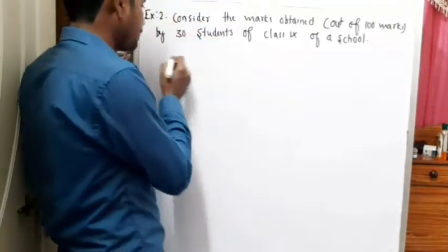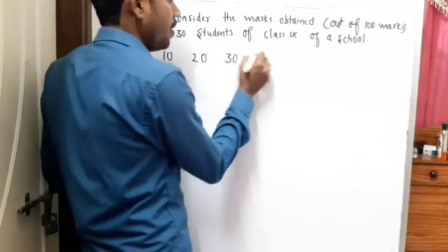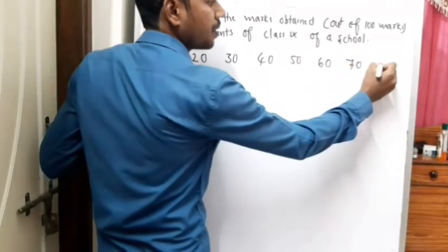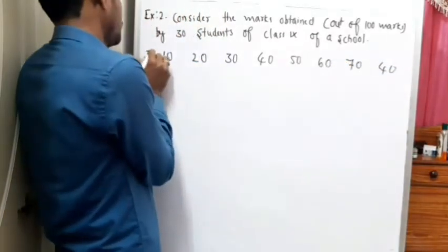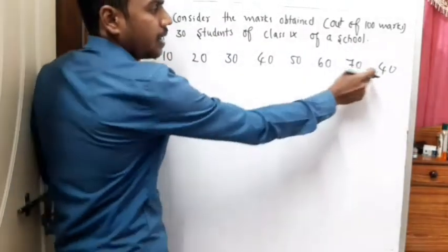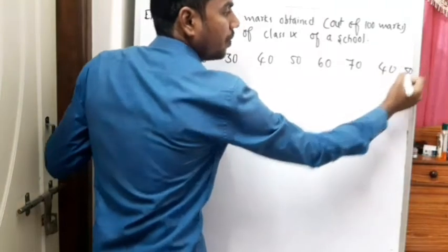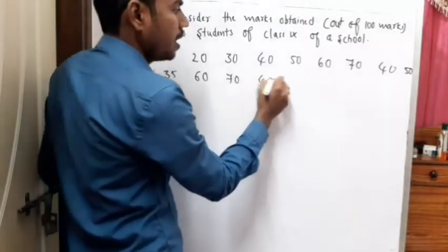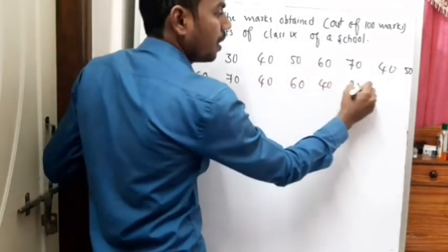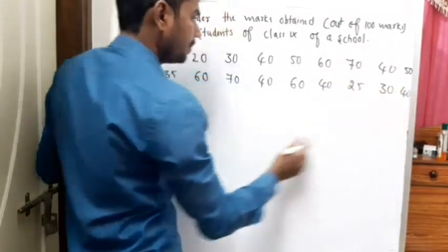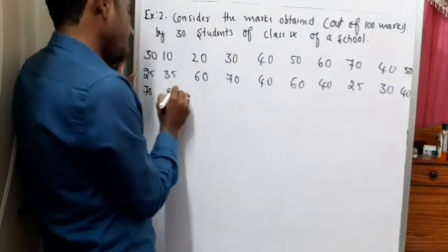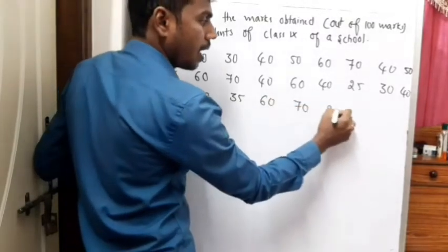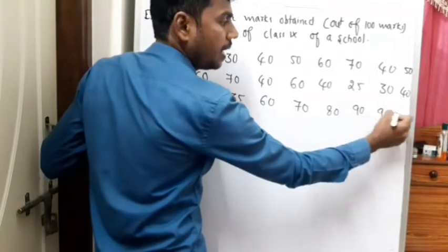The marks are: 10, 20, 30, 40, 50, 60, 70, 40, 30, 50, 25, 35, 60, 70, 40, 60, 40, 25, 30, 40, 70, 80, 90, 35, 60, 70, 80, 90, 90, 70.